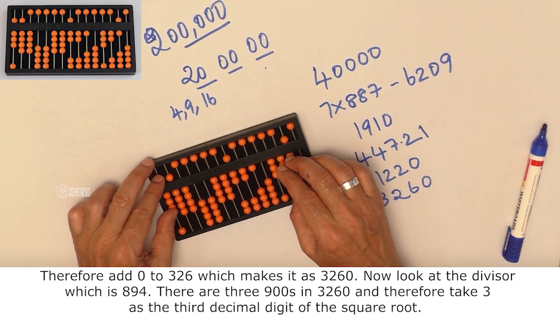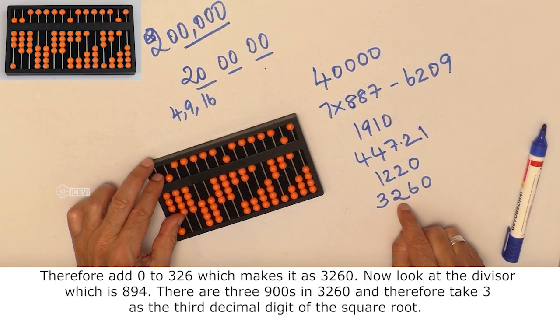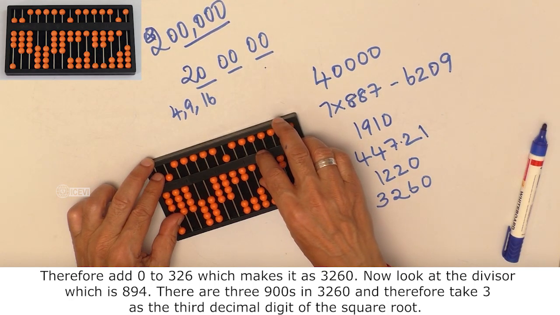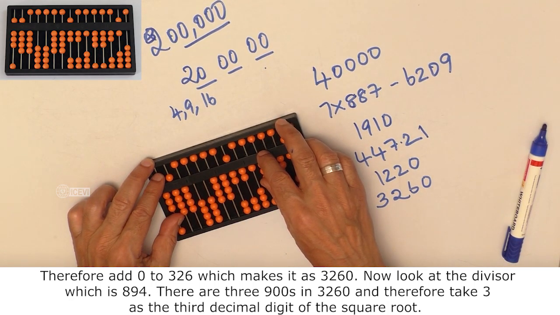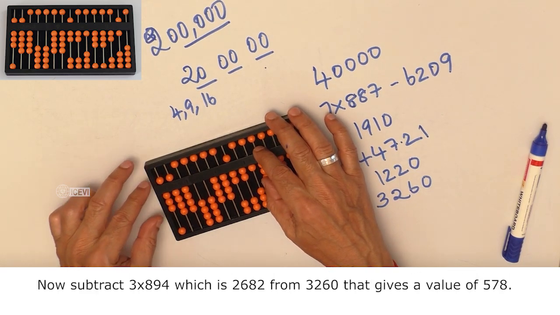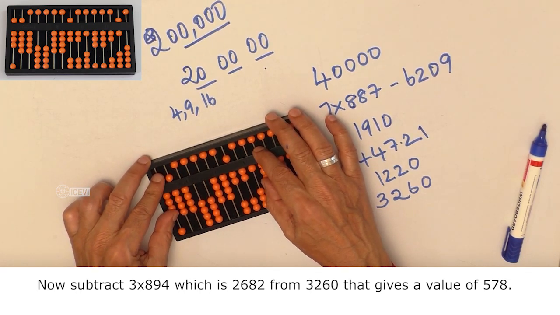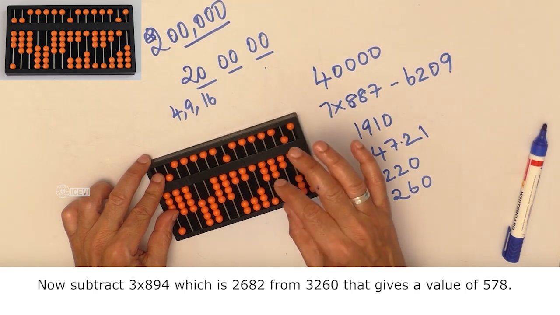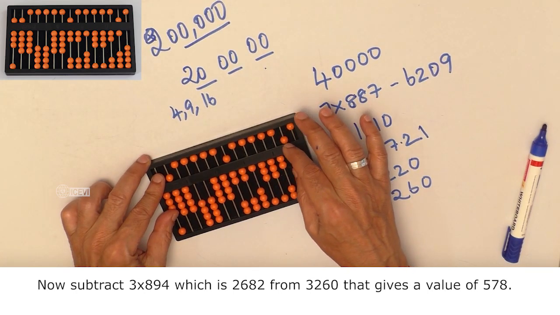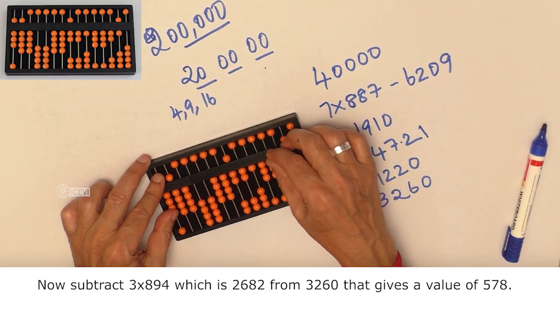There are 3 900s in 3260 and therefore use 3 as the third decimal digit of the square root. Now 3 is multiplied with 894, which is 2682, and when you subtract that from 3260, you will get the remaining value as 578.